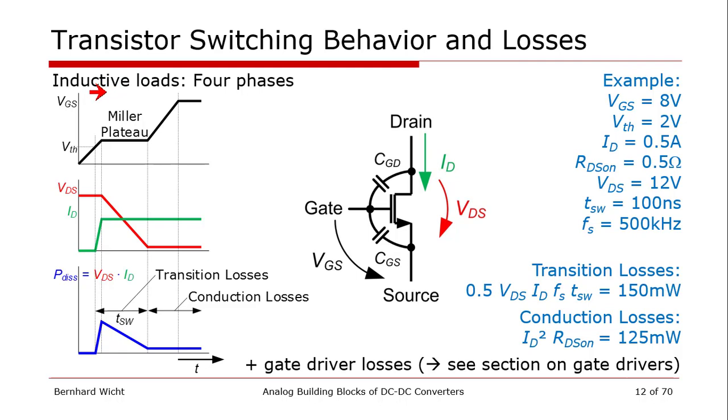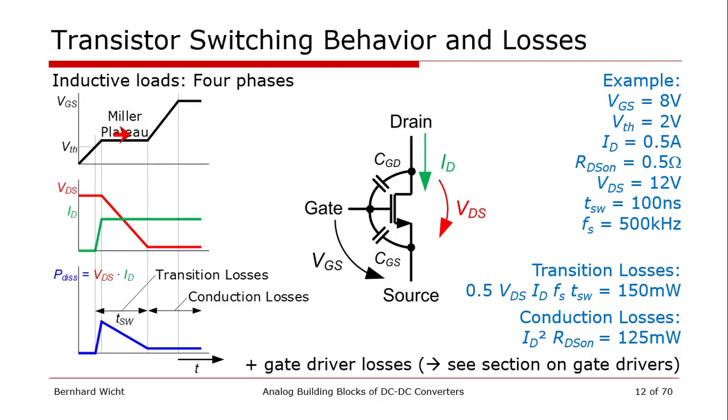We have inductors as part of the DC-DC converters, so we have inductive switching. And then we basically see four phases. The upper graph is the gate source voltage. So we ramp up the gate voltage and then further to the final targeted gate source voltage for a targeted on resistance.